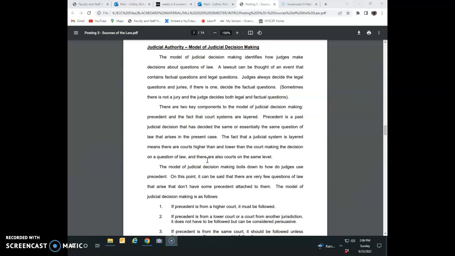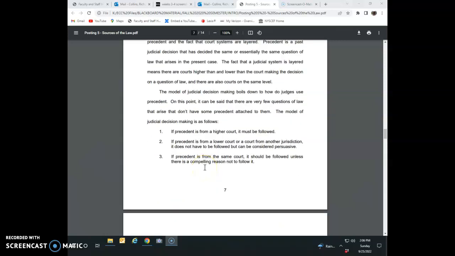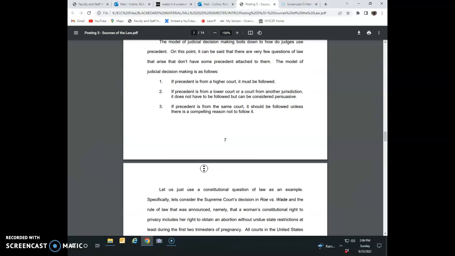So that's, again, the setup. We've got a question of law, we've got layered courts and the possibility of an appeal, and that'll now give us what I've called or termed the three rules of precedent.